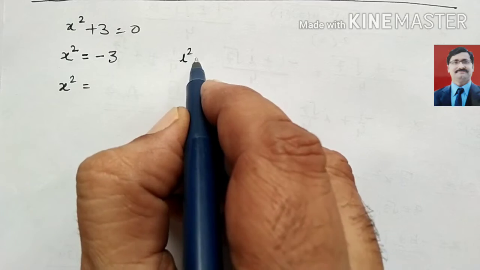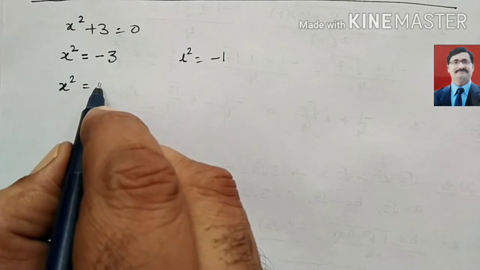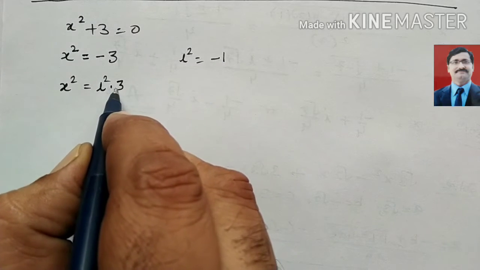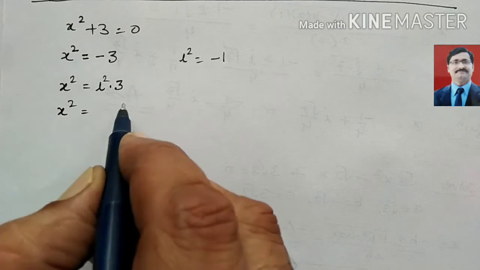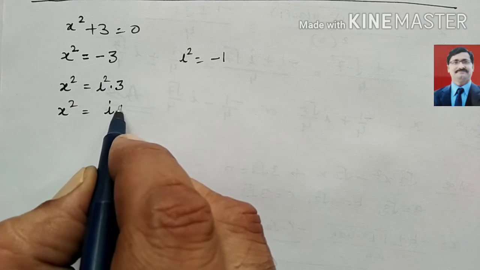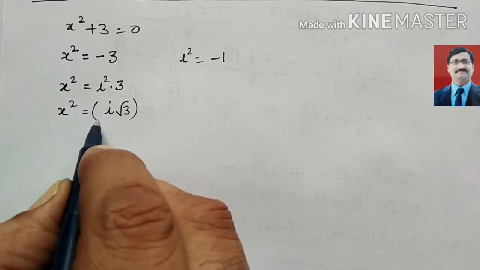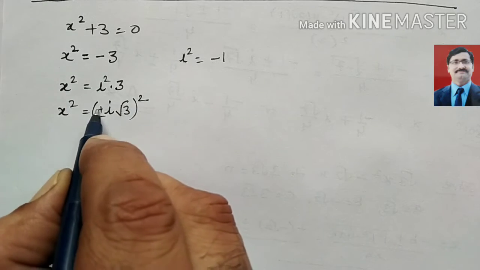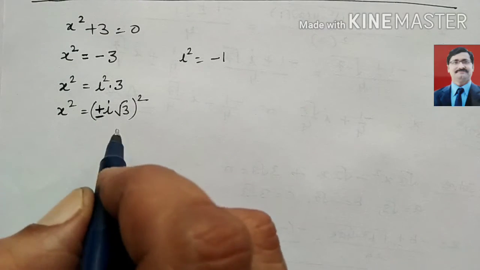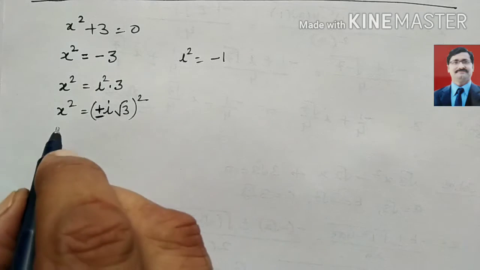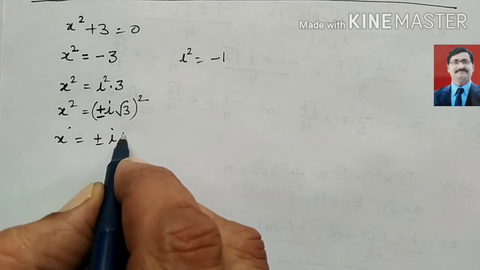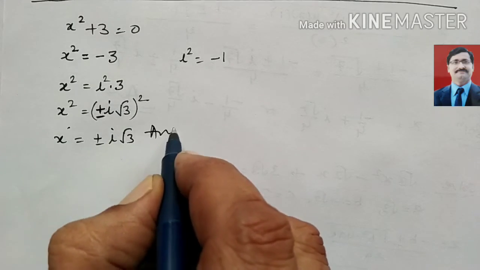We know that iota square is minus 1, so in place of this minus 1 you can write iota square, and x you can write here iota root 3 plus minus. All of you understand this? This is a quadratic equation. We will get here two answers, plus or minus. So x will be equal to plus minus iota root 3, this is the answer you get.